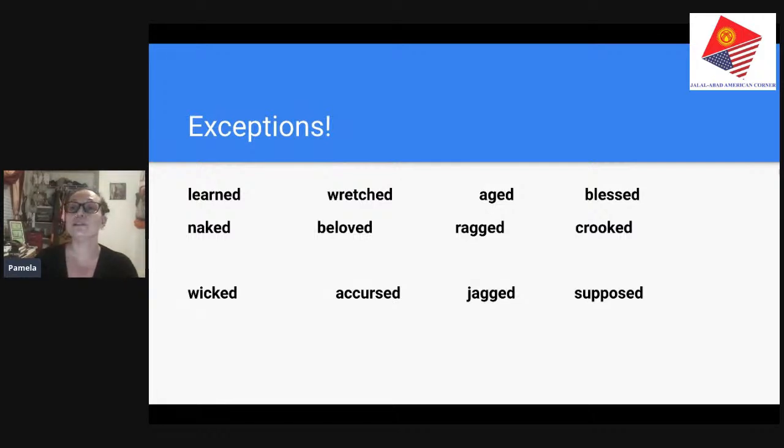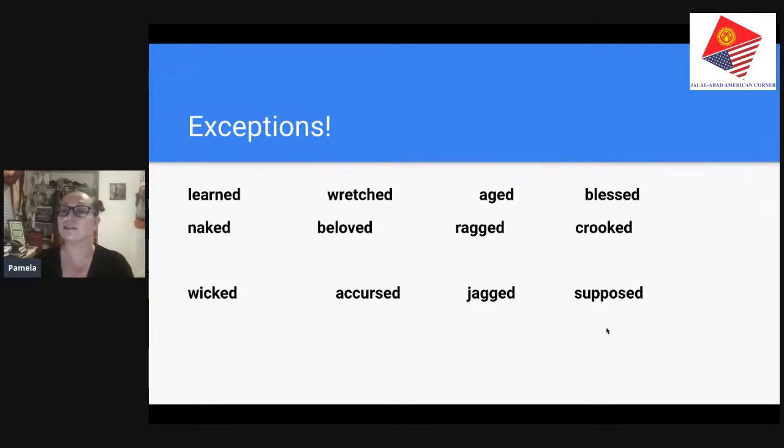But if you're going to use it as an adjective, a learned professor, a learned scholar, a learned student, then you do it with 2 syllables. The same thing with these other words: wretched, beloved, naked, wicked, accursed, jagged, supposed. This is another one.